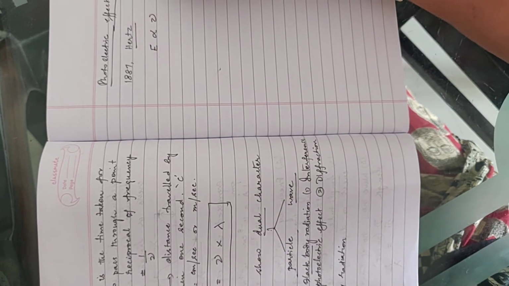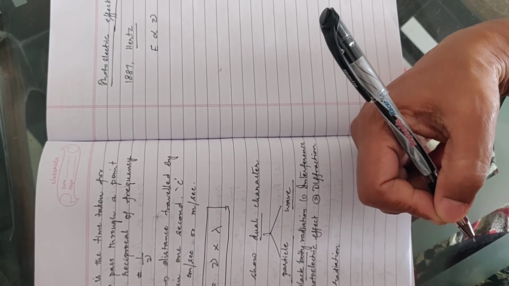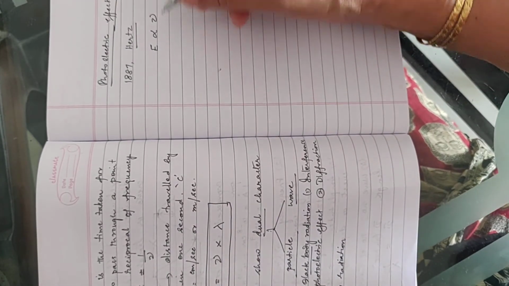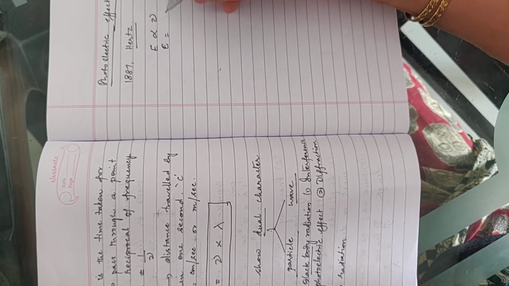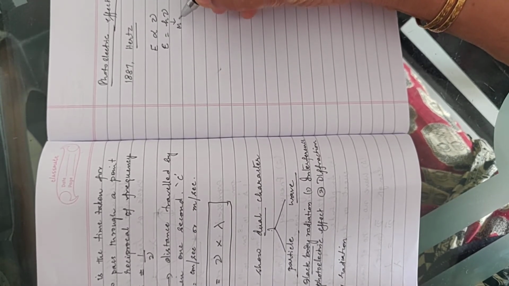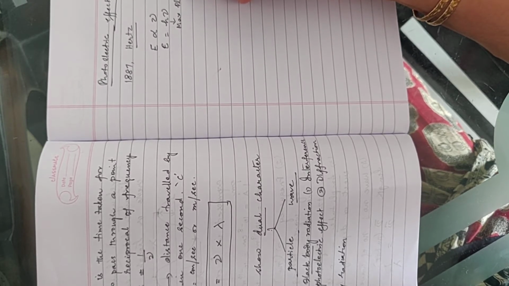This is also equal to E is equal to h nu, where h is called Max Planck's constant.